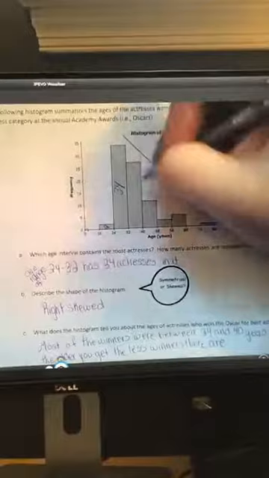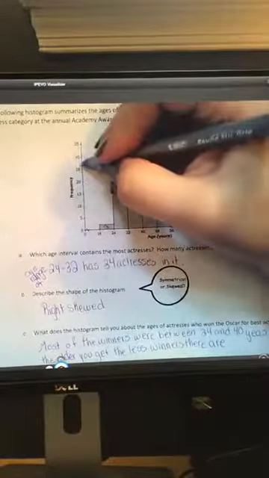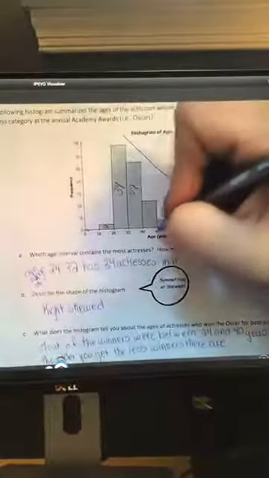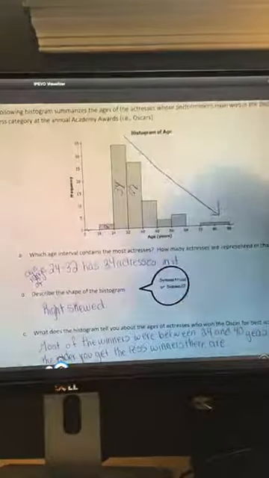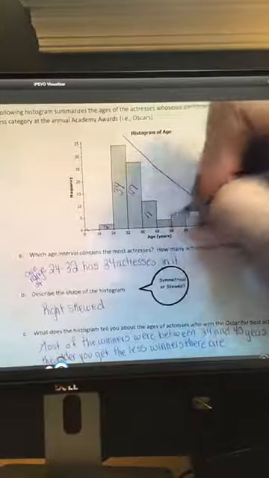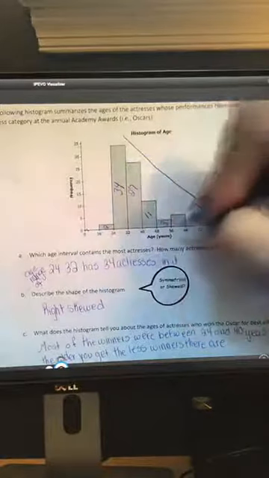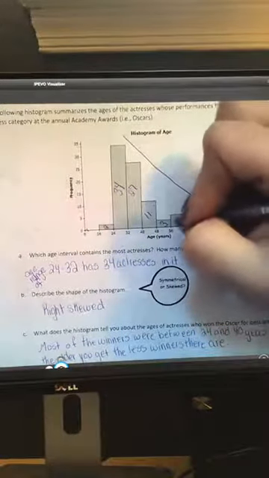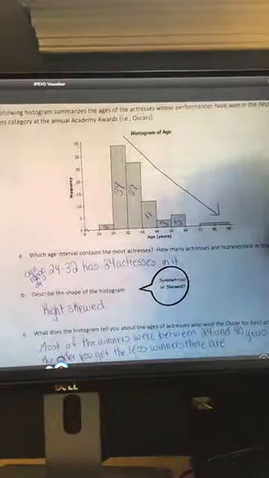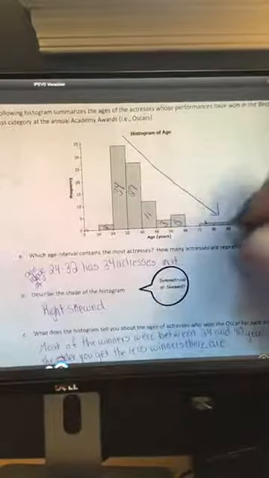32 to 40 has about 27. Because I follow it over, it hits about 27. 40 to 48 has, it looks to be 11. 48 to 56 looks to have about 3. 56 to 64 has 5. And then 72 to 80 has 1.